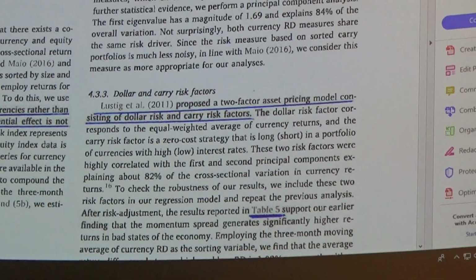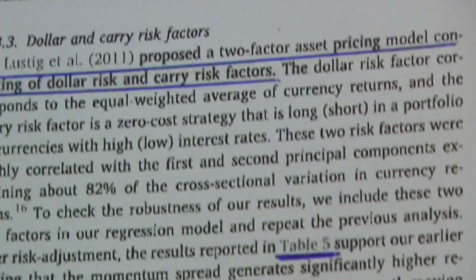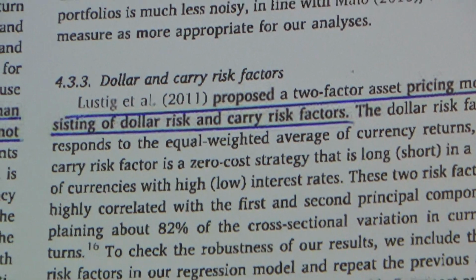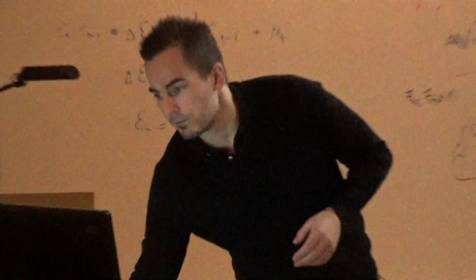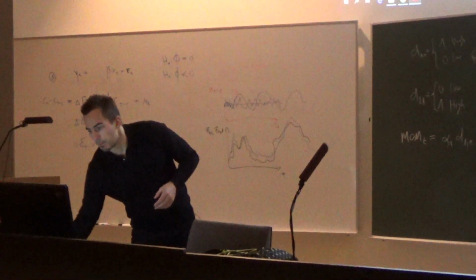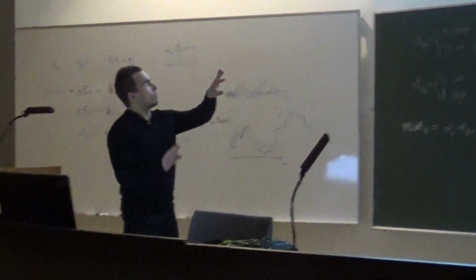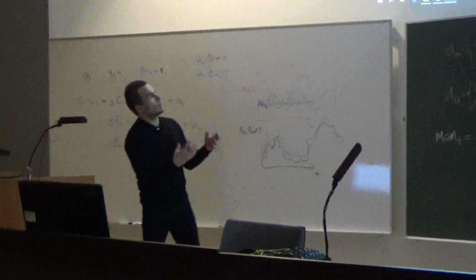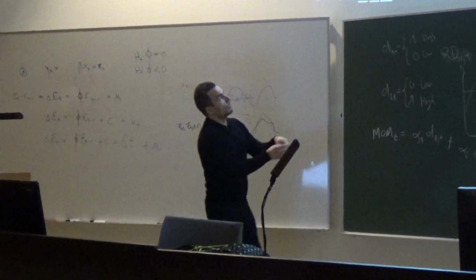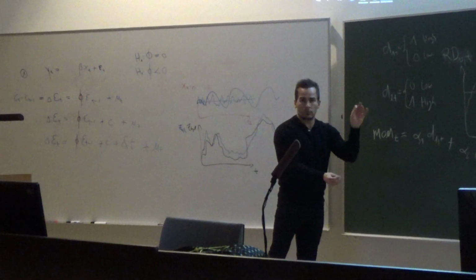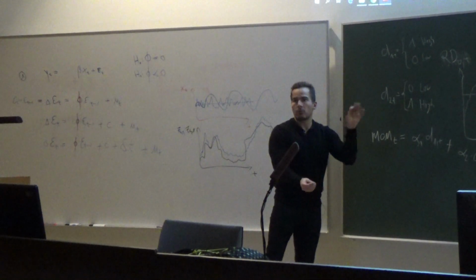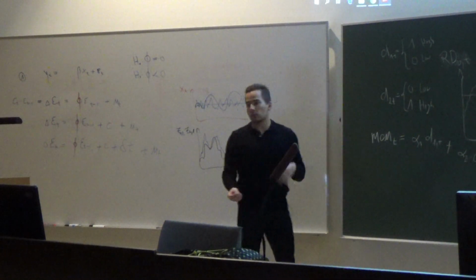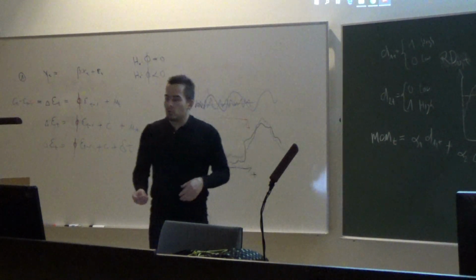Then again, someone else could say, as I already mentioned, that here in equation 1, if we go back to equation 1, I told you in order to compound our measure of cross-sectional currency return dispersion, we used 6 portfolios sorted by interest rates. Carry, it is called carry basically.